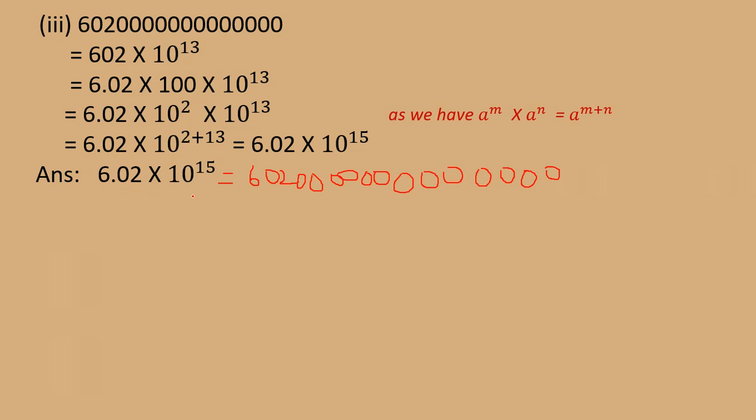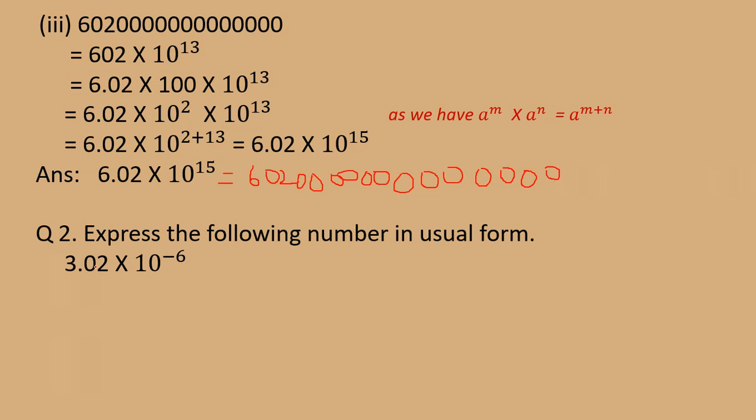standard form into the usual form? That means we have to convert the standard form into the usual form, to express whether the given standard form is very large or very small. So let us express 3.02 into 10 raised to the power minus 6 in the usual form. Is this number large or small?